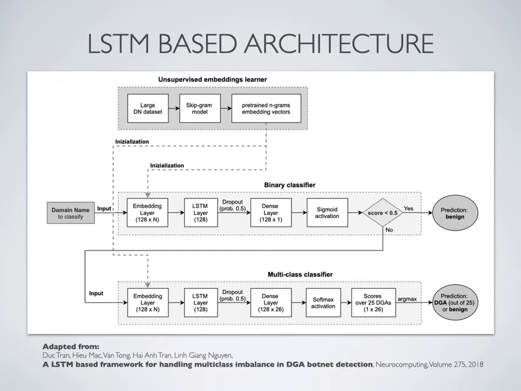So we use the skipgram model to obtain these vectors, and we use them to initialize the embedding layers of two LSTM networks. These two networks are arranged in cascade, so we first perform a binary classification, and if the prediction is a benign domain, we take it as good. Otherwise, we pass it to the multi-classifier, which assigns it to one of the 25 DGAs.